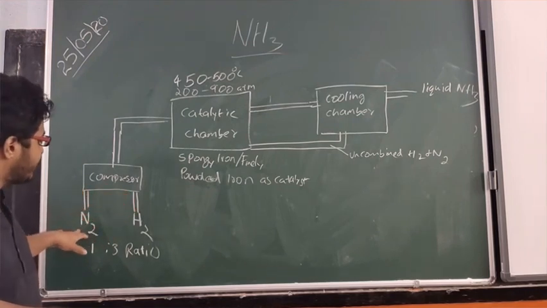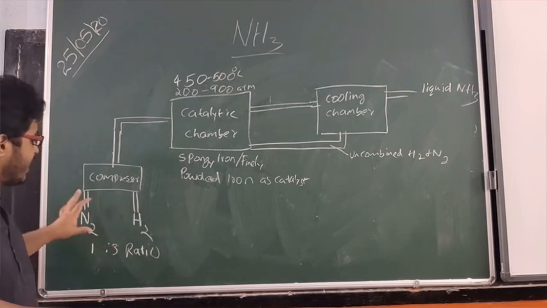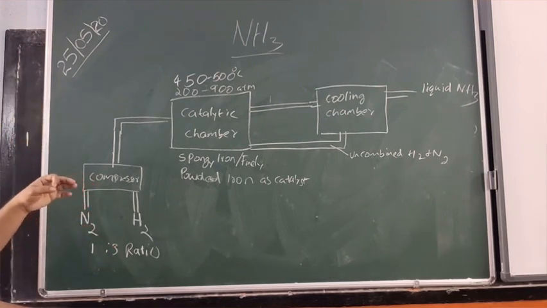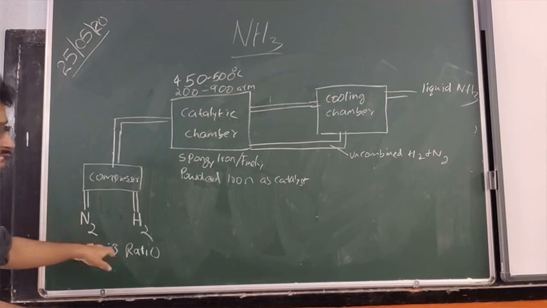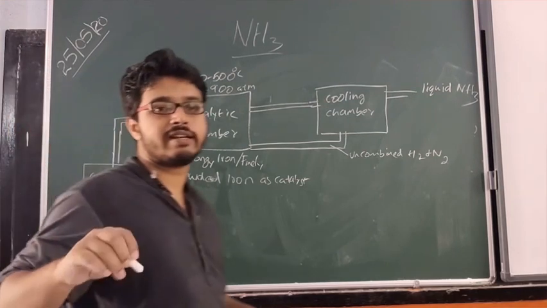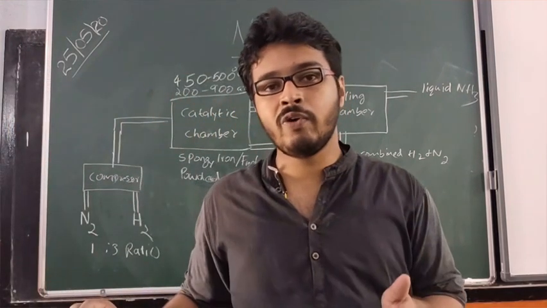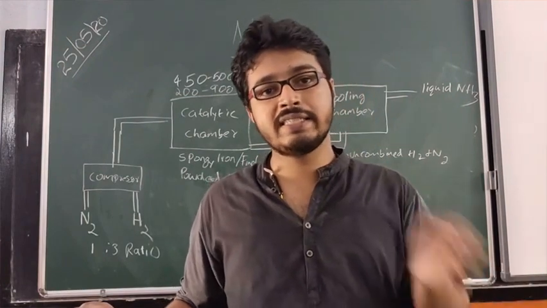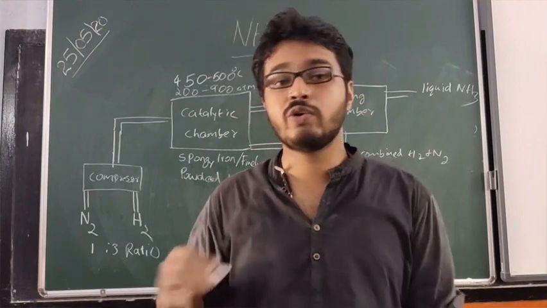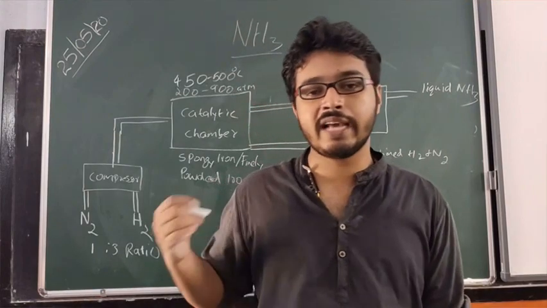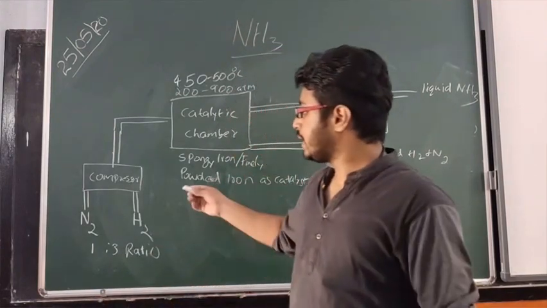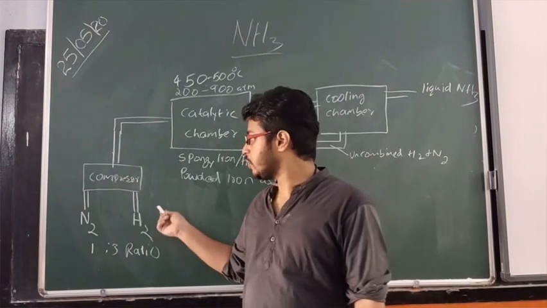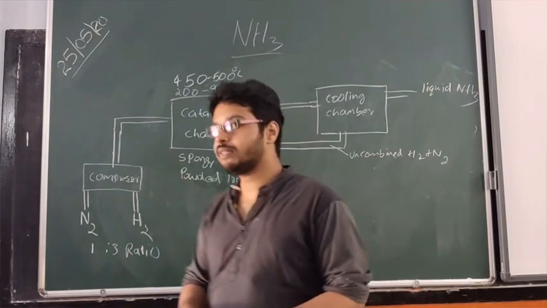Nitrogen and hydrogen are added to the compressor in a 1:3 ratio. That means if you take 1 volume of nitrogen, 3 volumes of hydrogen are required for the reaction.